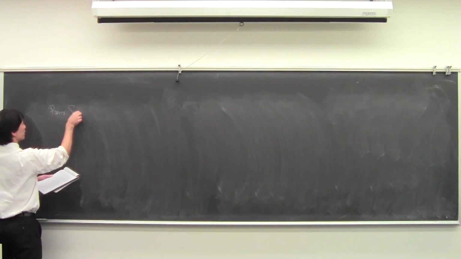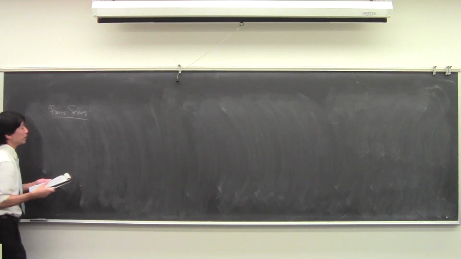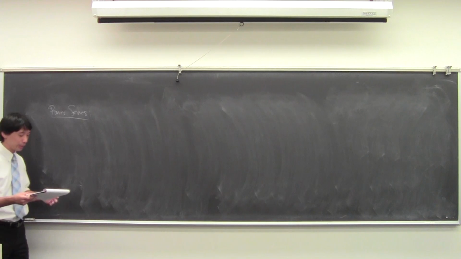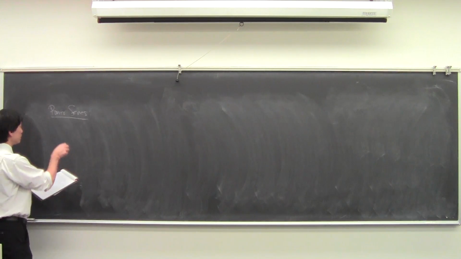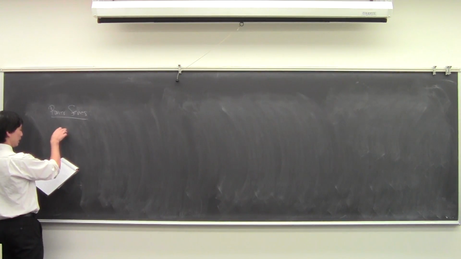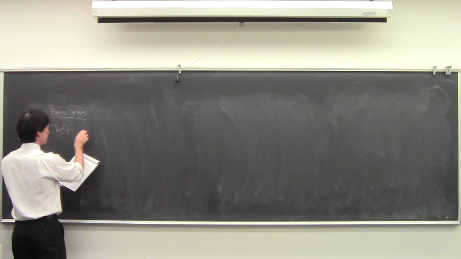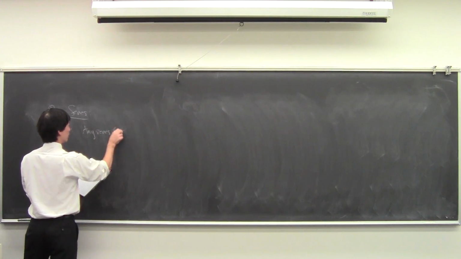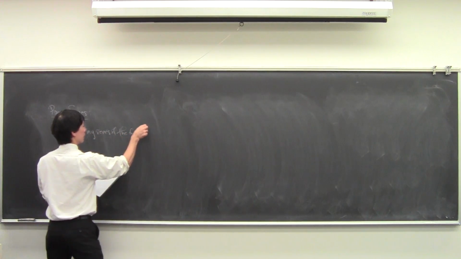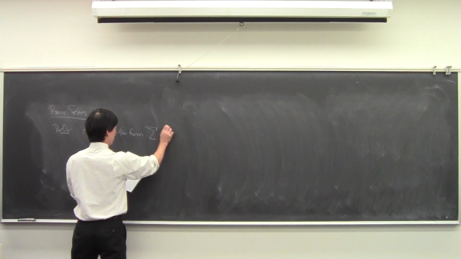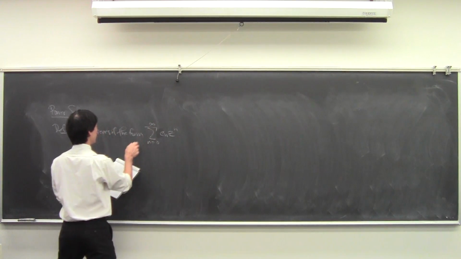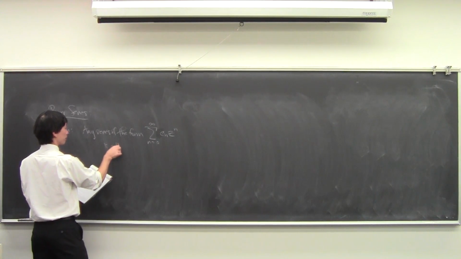In any case, let's go on to the next topic, which is extremely important, the notion of power series. Any series of the form summation c sub n z to the n from 0 to infinity is called a power series.